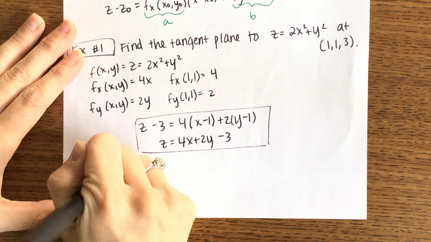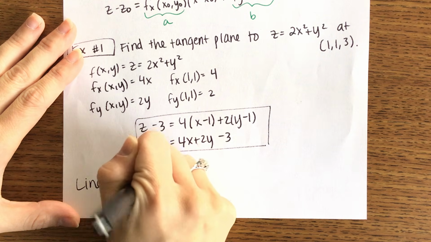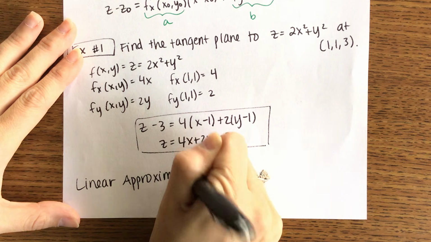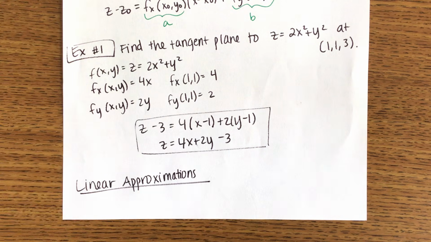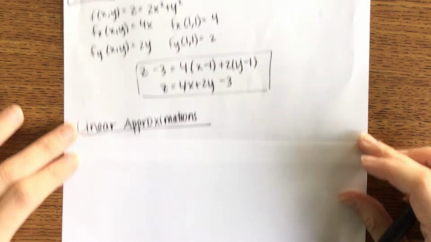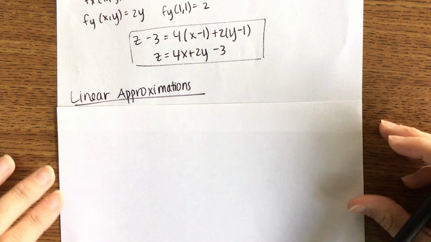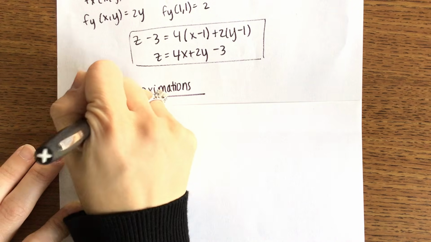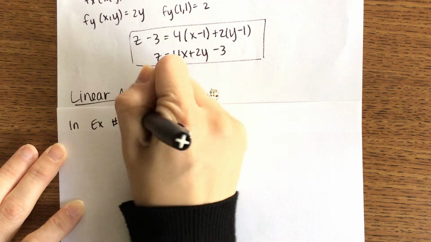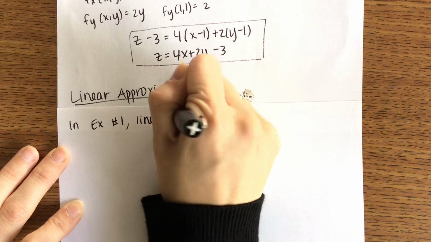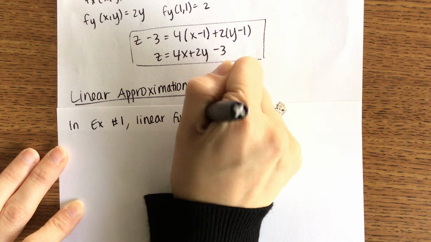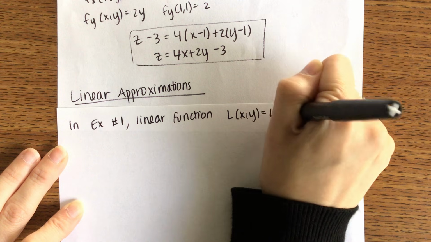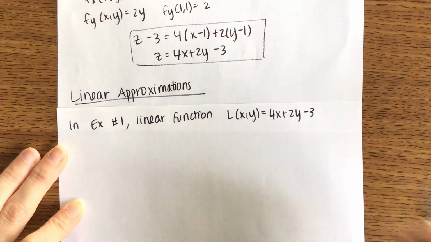Okay, so the next topic of discussion is linear approximations. So in that example number 1 that we just did, the linear function, or the tangent plane, that tangent plane that we got is 4x plus 2y minus 3.